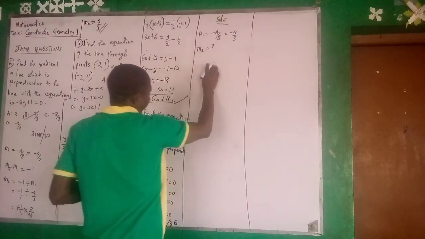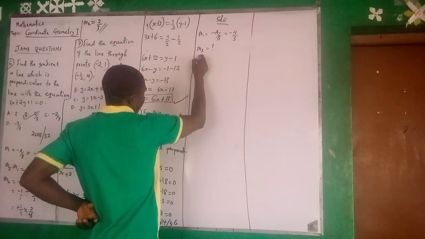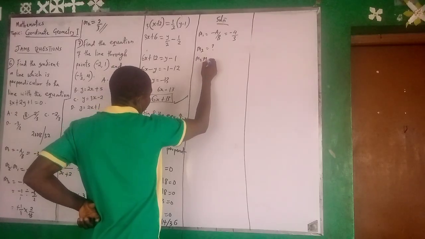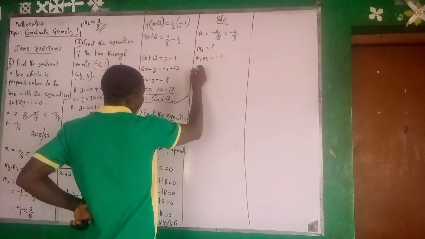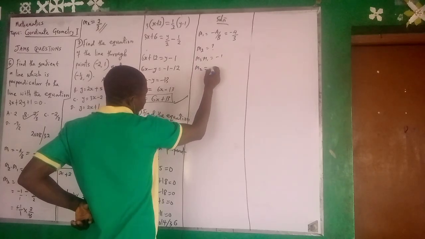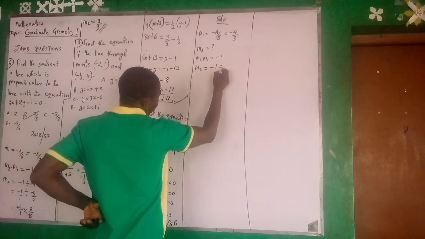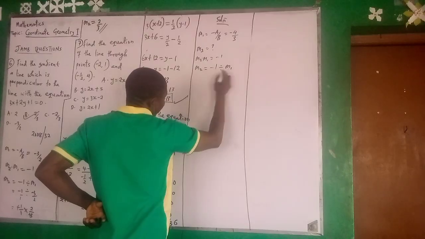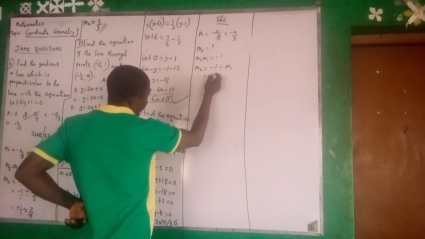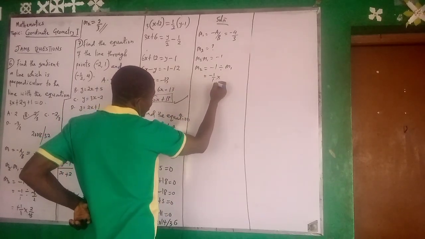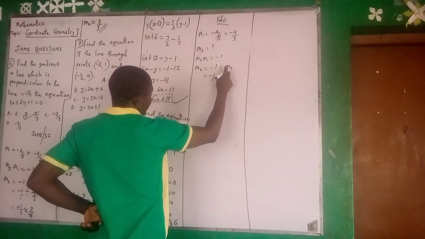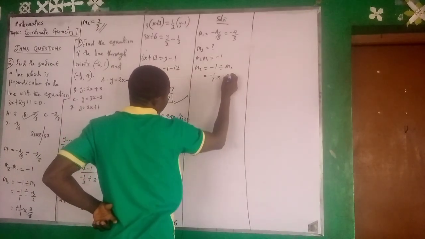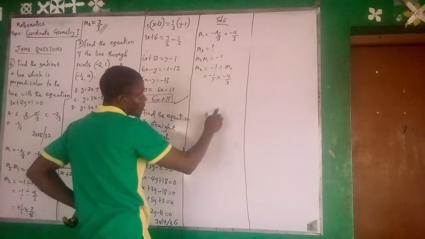We know that m1 times m2 is equal to minus 1, right? So my m2 becomes minus 1 divided by m1, where m1 is minus 4 over 3, right?